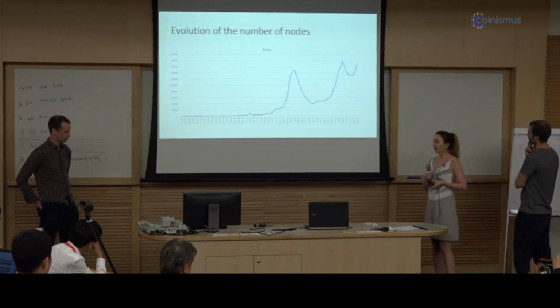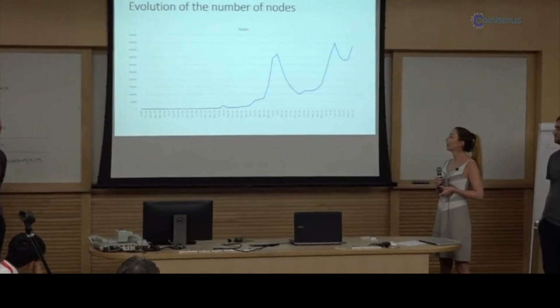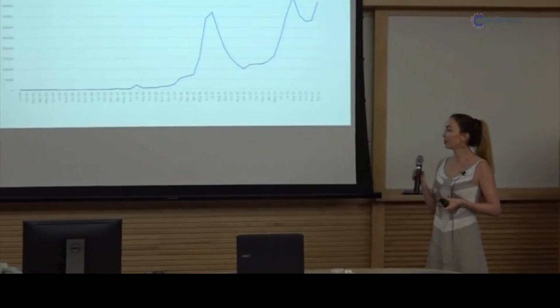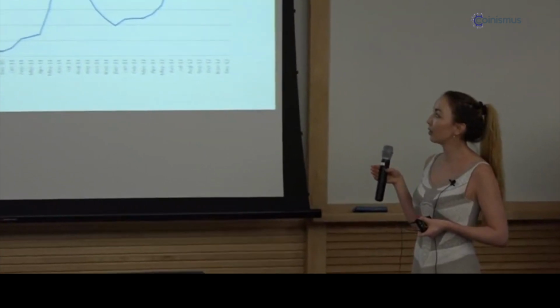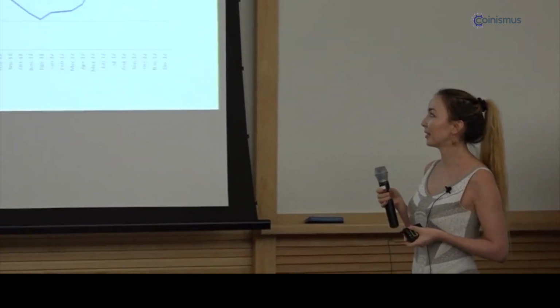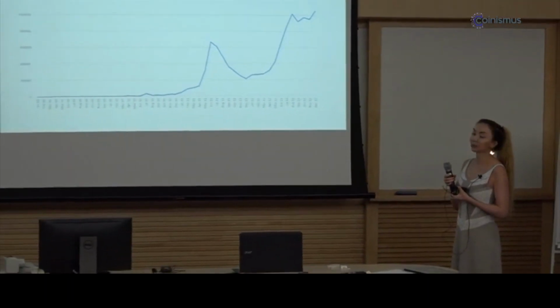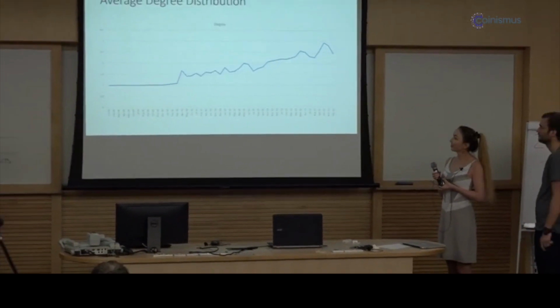We have calculated some basic statistics for the Bitcoin network, like the number of nodes, and plotted the evolution of how the number of nodes changed over our 4-year time period. Also, we calculated the number of edges, and you can see that the number of edges developed over time, and also the average degree.